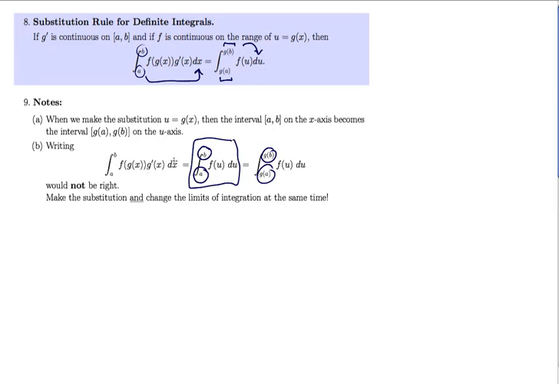This integral is not equal to this integral, because in this integral, the values that x takes on are between a and b, and in this integral, the way we're reading it is the values u takes on are between a and b, but that's not the case. Those are the original values of x. The values of u should be between g of a and g of b. So don't put that intermediate step in. If you're going to change the variable, change the limits of integration as well.